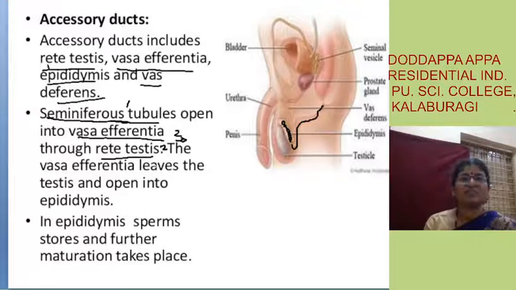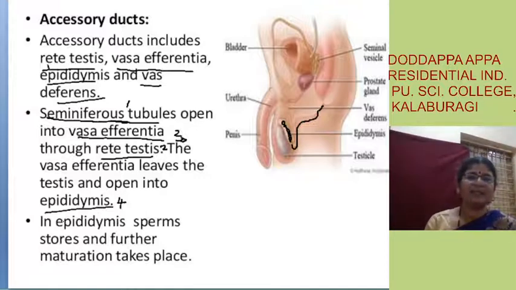The vasa efferentia leave the testis and open into the epididymis, and the epididymis continues as the vas deferens. So this sequence you have to remember. Seminiferous tubules fuse together to form the rete testis. The rete testis continues in the vasa efferentia, and then it forms the epididymis. In the coming pages you have the diagram. And then you have the vas deferens.